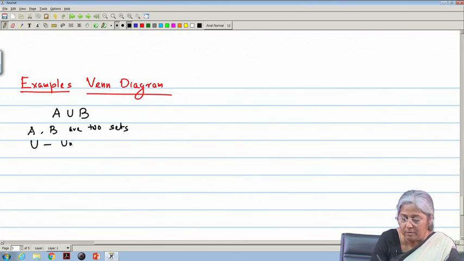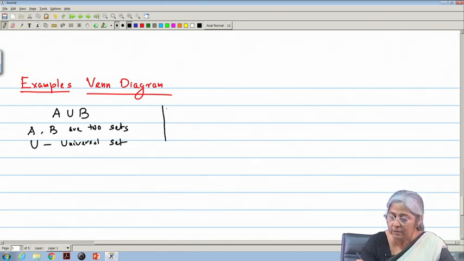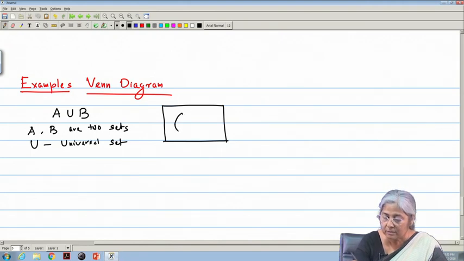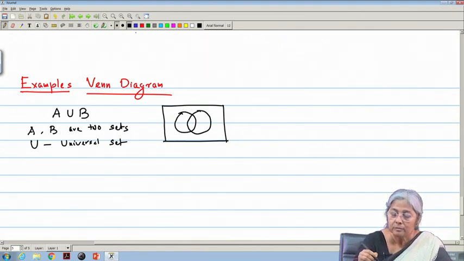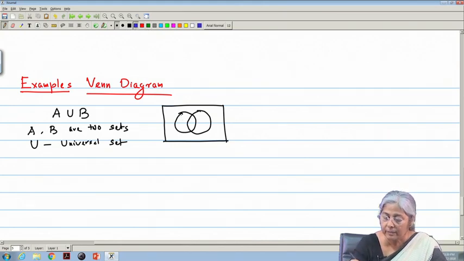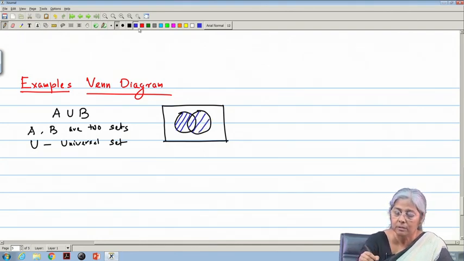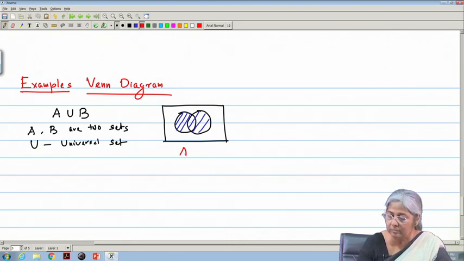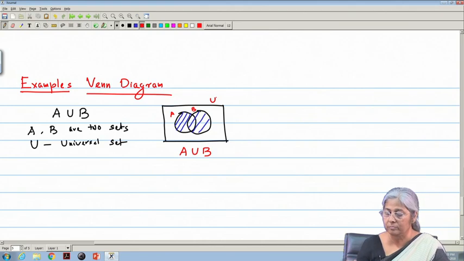This is my universal set, this is A, this is B. So, A union B is this region. The shaded portion is A union B.